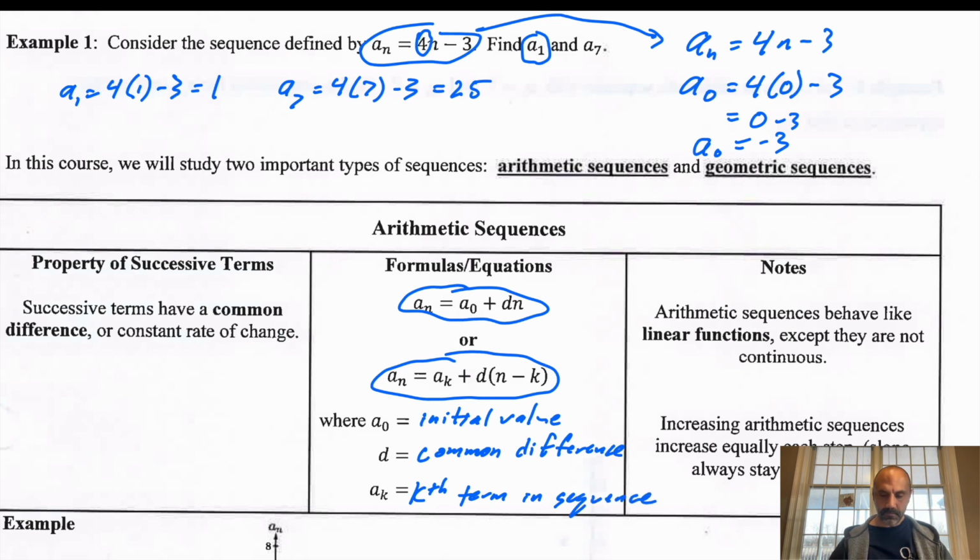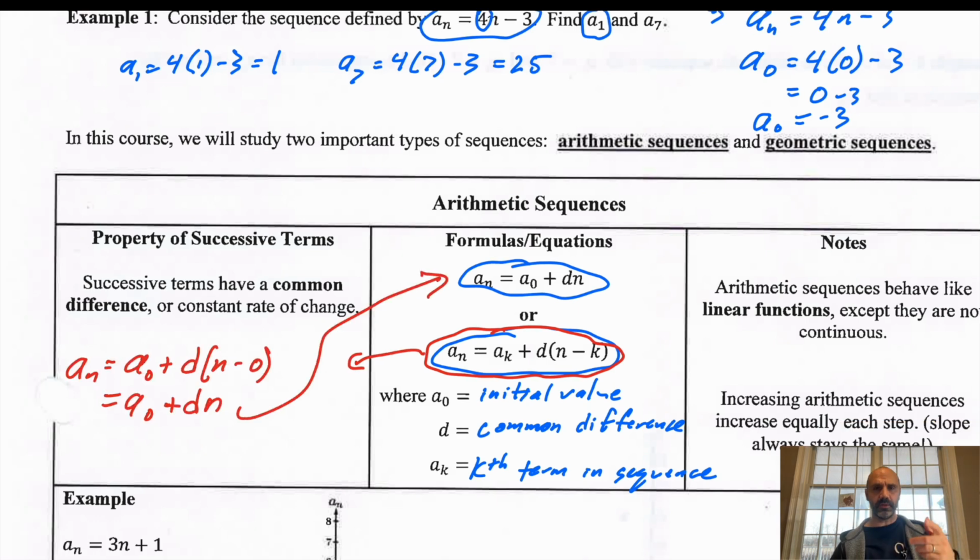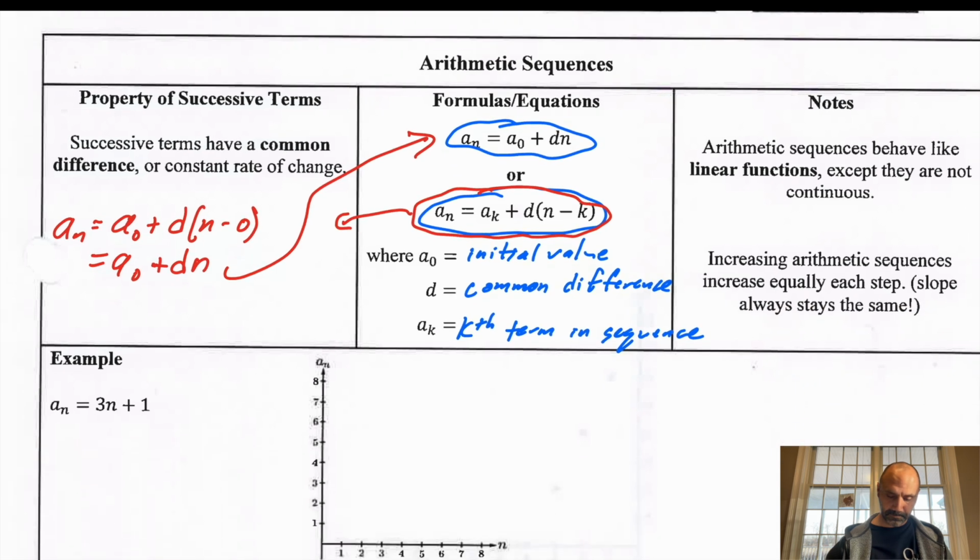Like I said, it behaves like a linear function. Really, all you need to know is this second formula, because if k ends up being 0, it takes you back to the first one. So it's really the second expression that you need to memorize.